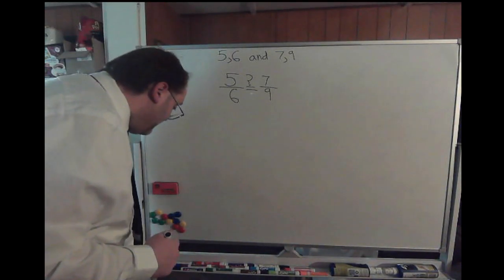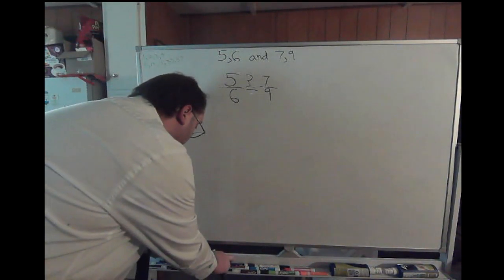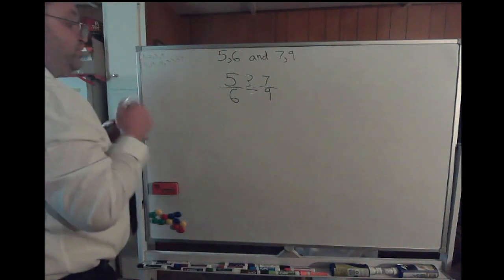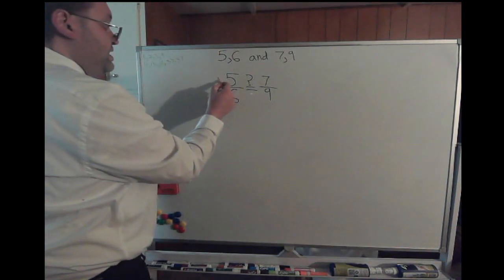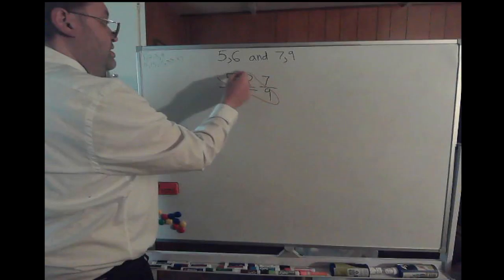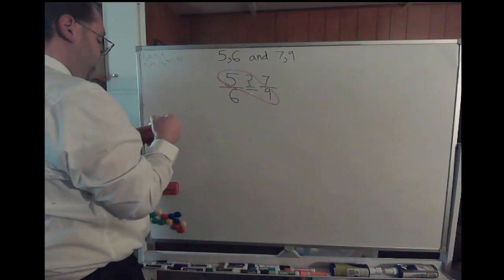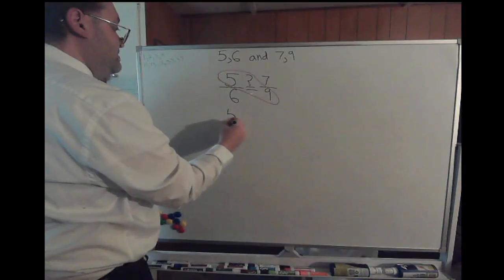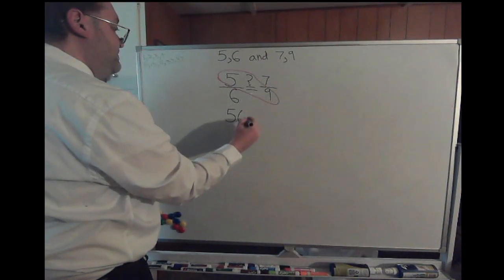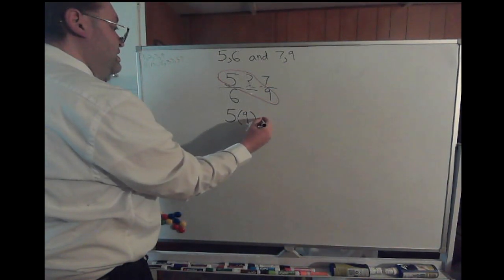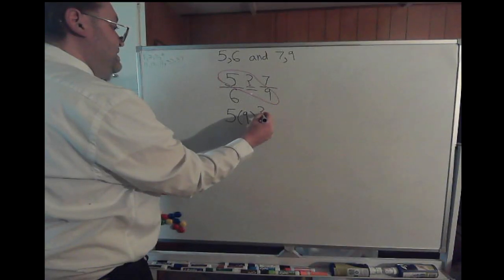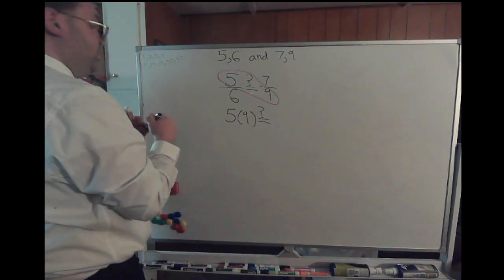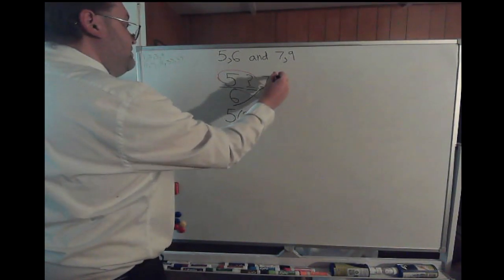How you're going to find out is you're going to do what's called a cross product. So you'll take the first set, the cross product being 5 and 9, so what you'll do is 5 times 9, and then we're going to ask, is that equal to the other cross product, which would be 6 and 7?